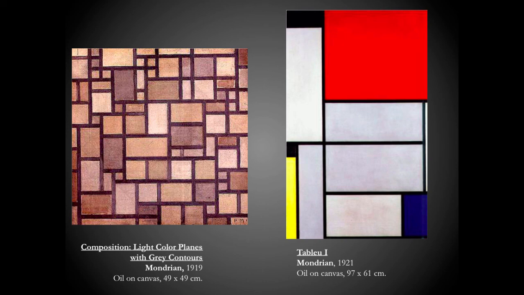Now, as I say, there are many things that are important about Mondrian, but what I really also want to emphasize is the movement that he was part of, or defined with his colleague, the painter Theo van Doesburg, and the movement was called De Stijl. Style was the name of the movement, a Dutch movement, De Stijl, and it was abstract.